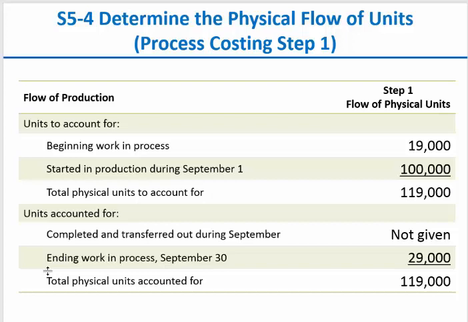You use 119,000 minus 29,000. That missing data tells you the completed and transferred out units during September. So the result is 90,000. Basically, you have 90,000 completed and transferred out units.